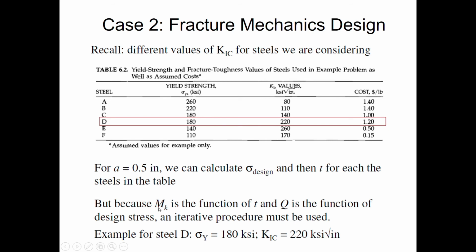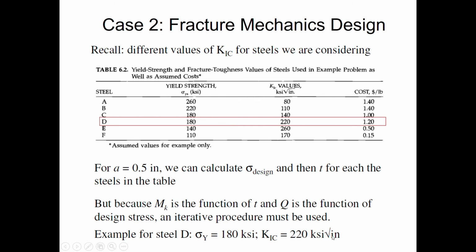But because MK is a function of T and Q is a function of design stress, an iterative procedure must be used. For example, for steel D, where sigma y equal to 100 ksi, we take this value. We actually need to apply for all of the steels, but let's say we take this value first, just for one example. So K1C will be 220.